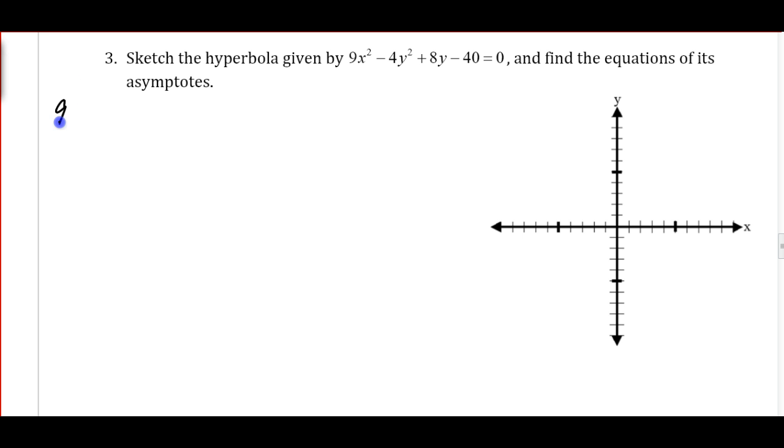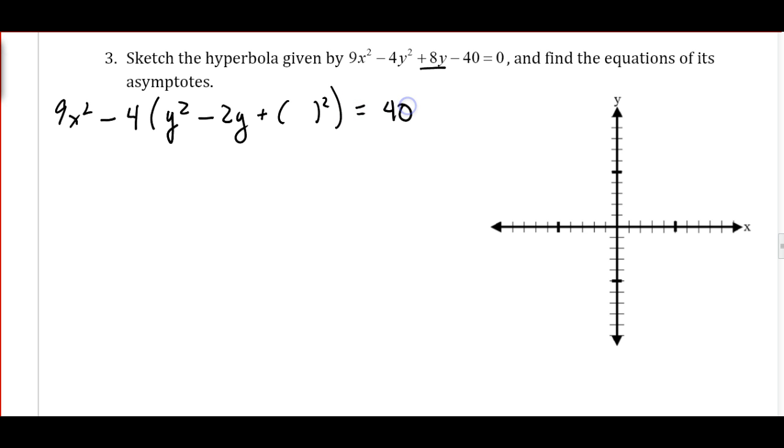So I'm going to have 9x squared minus, and then my leading coefficient has to be 1 here. So I'm going to factor out a negative 4 times y squared minus 2y. And then plus, I'm going to complete the square in here, and then move that 40 over to the other side.